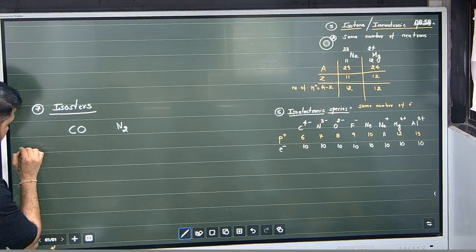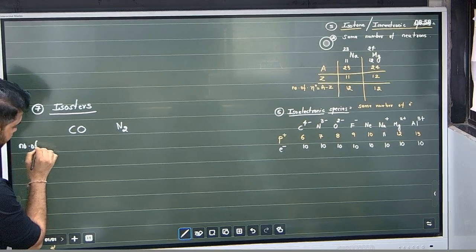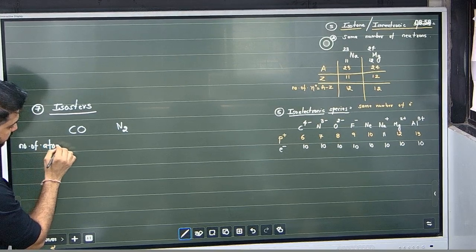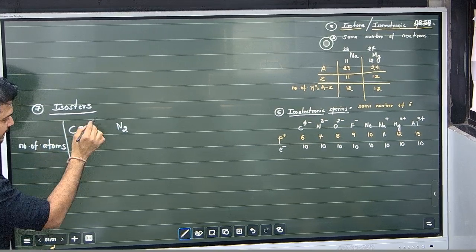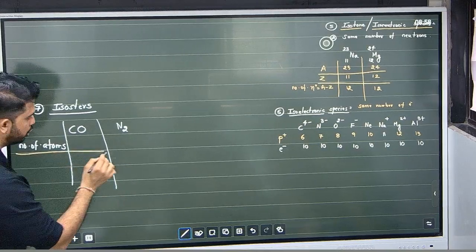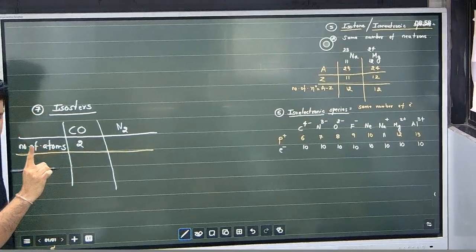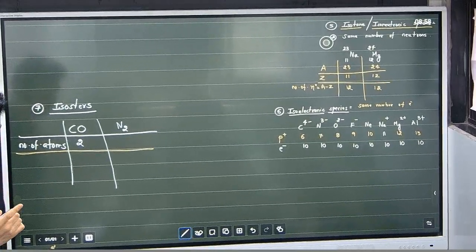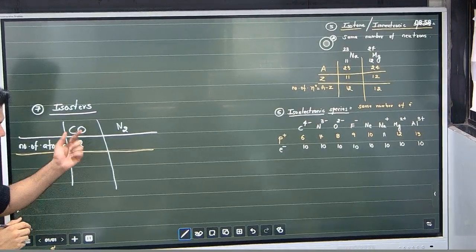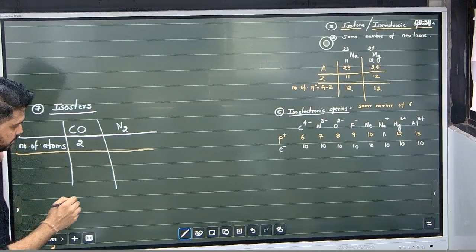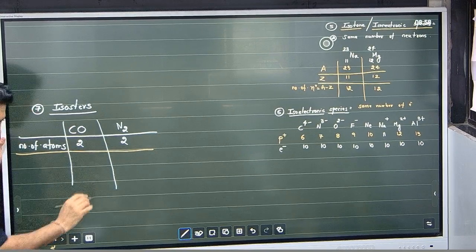Now, number of atoms. So in CO, how many atoms are there, people? 2. How 2? One atom of carbon, the other of oxygen. In N2, number of atoms is 2.